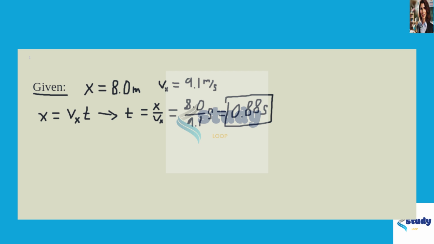Okay. So in order to do this, we can use this equation here. y is equal to y naught, plus the initial velocity in the y direction, vy naught, times the time, plus 1/2 the acceleration in the y direction times the square of the time, okay?